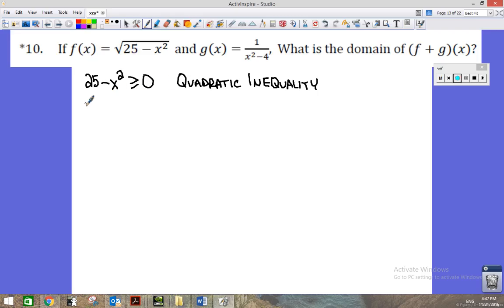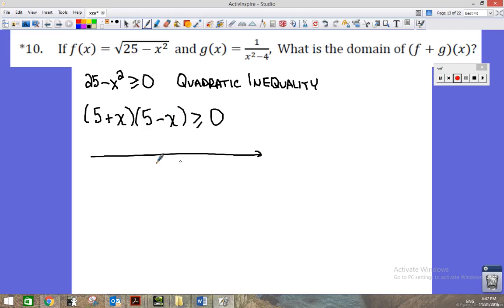We're going to factor this, and 25 minus x squared factors to 5 plus x times 5 minus x. Well, the 5 plus a negative 5 gives me 0, and 5 minus positive 5 gives me 0.